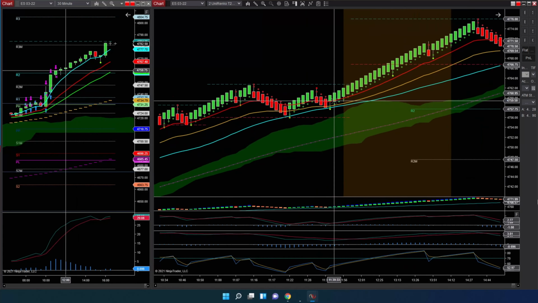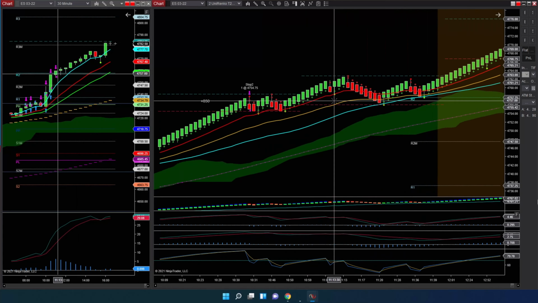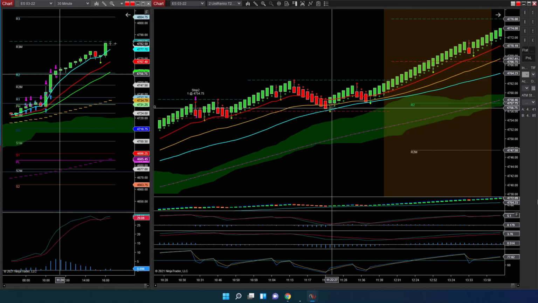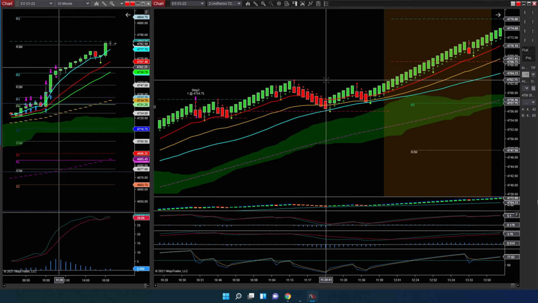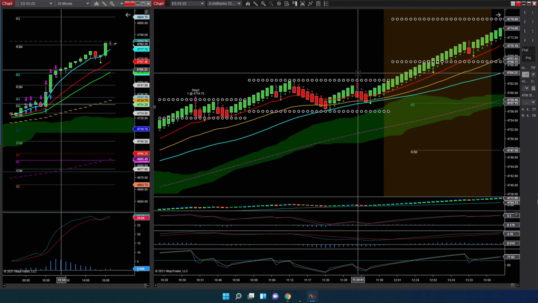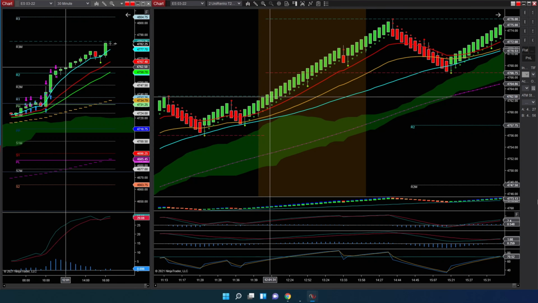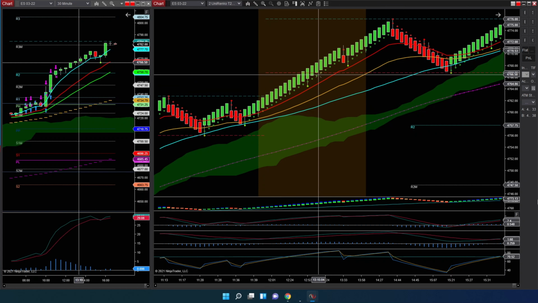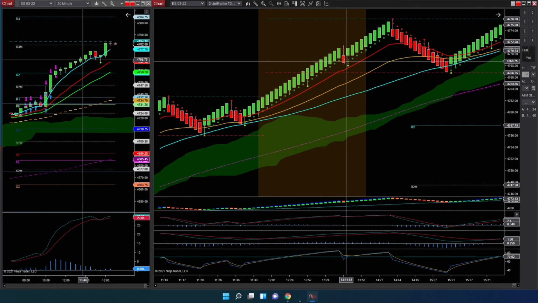So let's see. A little bit of consolidation. You have here the Darvas box right there. And then this one was broken during lunchtime at 12. Kept moving up. This is a nice move as well.